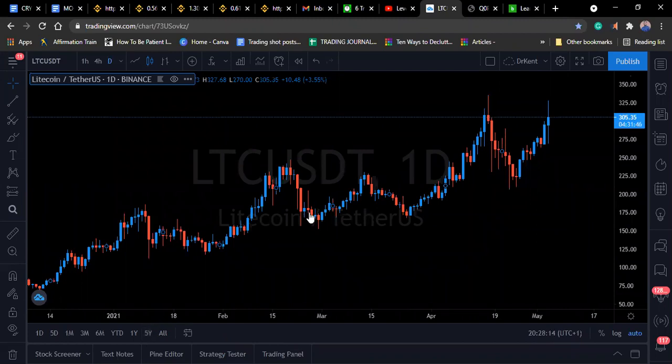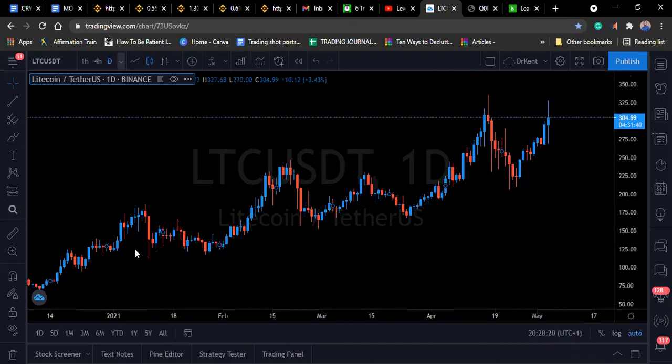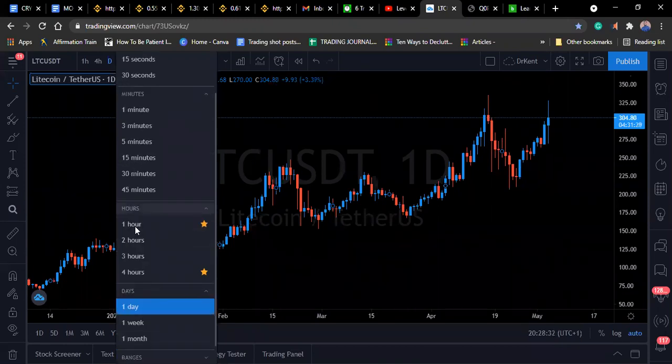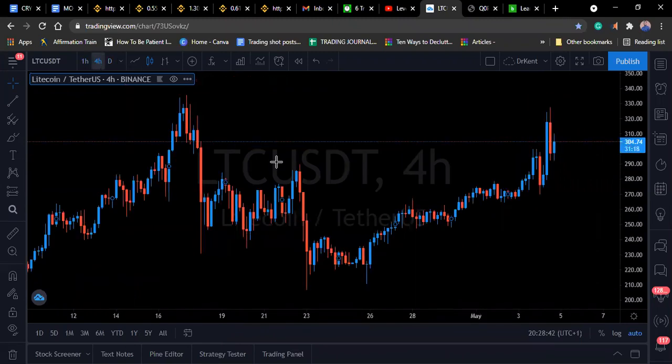Each of these candles represents a time frame, so you can choose the time frame here. You can go as low as 1 second, 5 seconds, 15 seconds, 30 seconds, 1 minute, 30 minutes, 1 hour. You can look at it at different time frames depending on whatever strategy you choose to adopt. Now, let's continue. That's it about time frames.